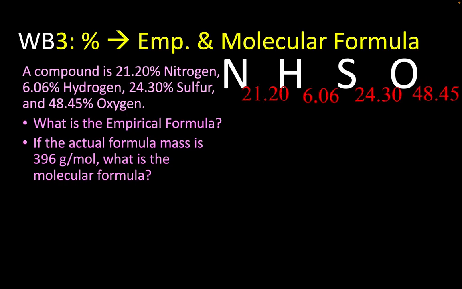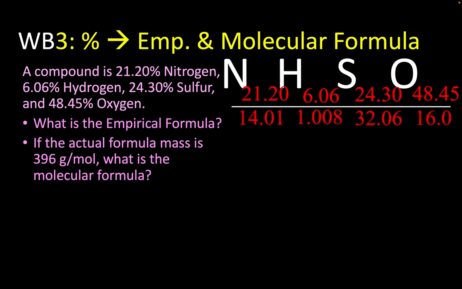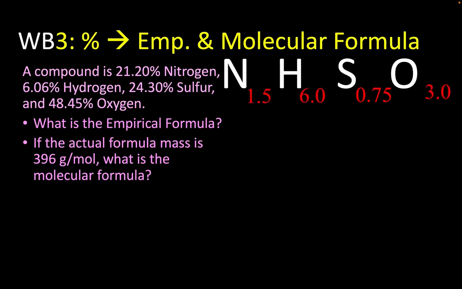Just go ahead and put those numbers down: 21.2% nitrogen, 6% hydrogen, 24.3 sulfur, and 48.45% of it is oxygen. And we're going to convert those masses into moles, into a count, by dividing every one of those numbers by the molar mass of those elements. Go ahead and do that math, and it's going to give you some numbers.